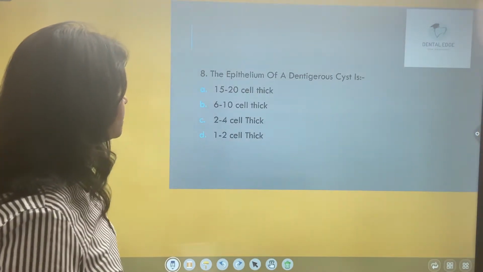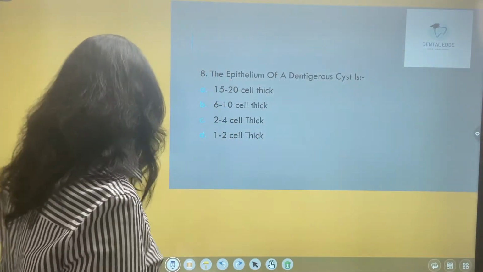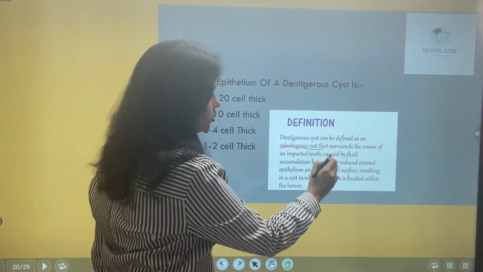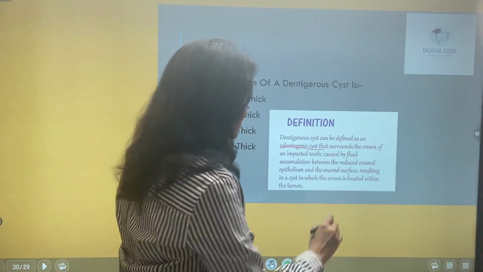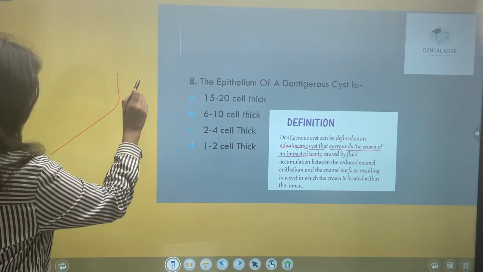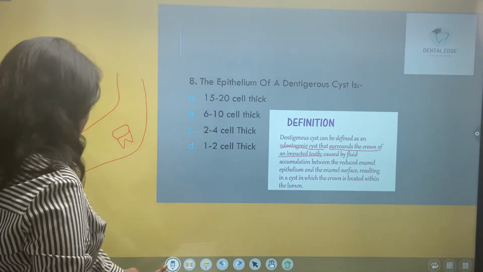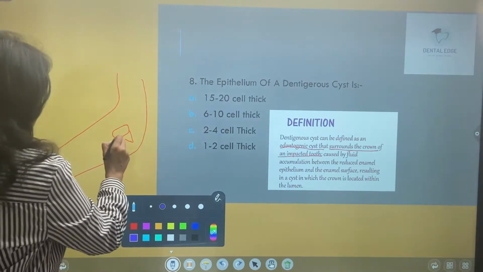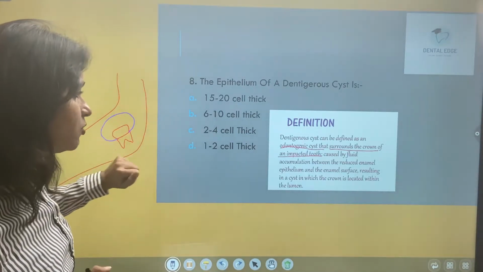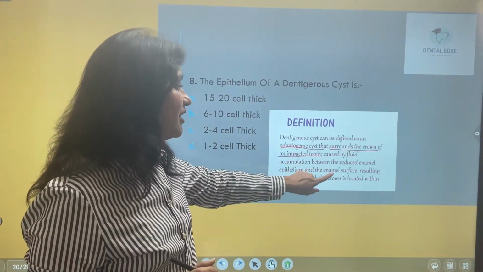Coming to the next MCQ, the epithelium of a dentigerous cyst is. Now what is a dentigerous cyst? If we see the definition, a dentigerous cyst can be defined as an odontogenic cyst, so it's of odontogenic origin, that surrounds the crown of an impacted tooth. If this is a mandible and there is an impacted tooth here, the dentigerous cyst surrounds the crown of the impacted tooth, caused by fluid accumulation between the reduced enamel epithelium and the enamel surface.